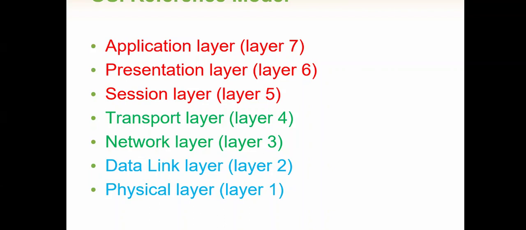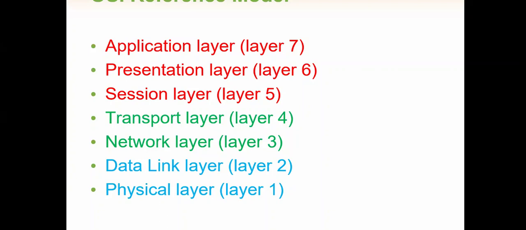The upper layers will communicate with the user interface. So the upper layer, that is application layer, presentation layer, session layer, will communicate with the what? User interface, or say the application that you are interacting with. If you are on a computer, you are interacting with Gmail. The Gmail is working within these 3 layers.